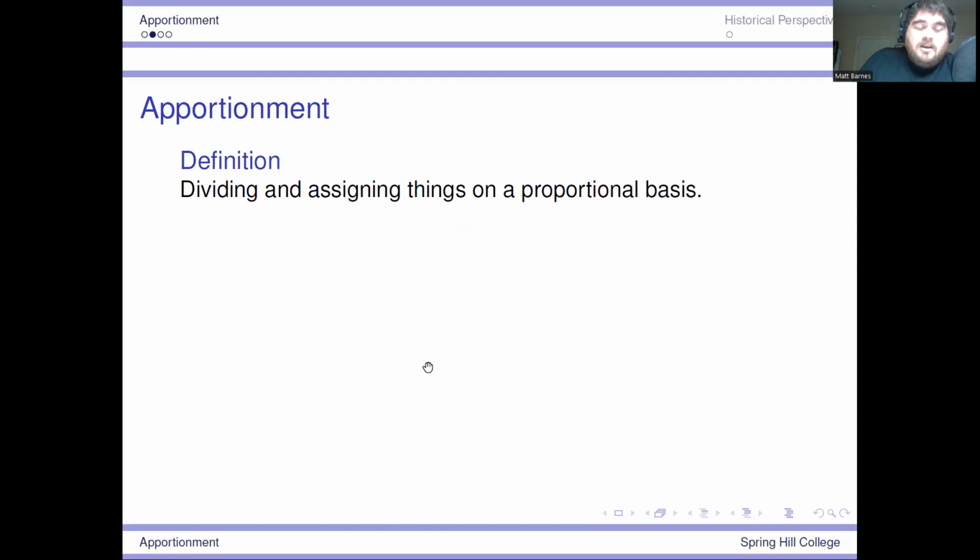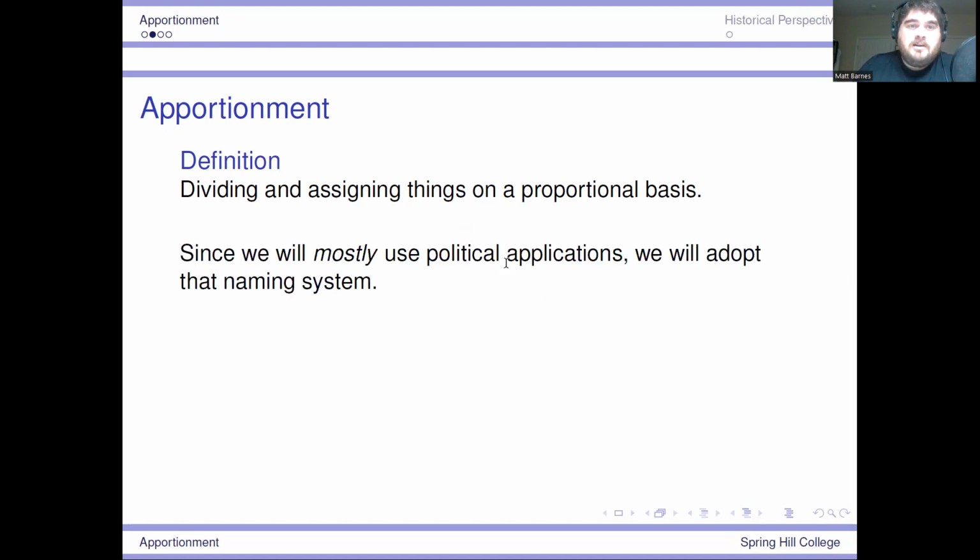All right. Well, hopefully the worksheet has gone well if you've done it. If not, then you know what I just said. But if you have, then let's look at some actual definitions for apportionment. What we are doing is dividing up and assigning things based on a proportional basis. So assigning something with some sort of respect to the proportions that certain things have of the whole.